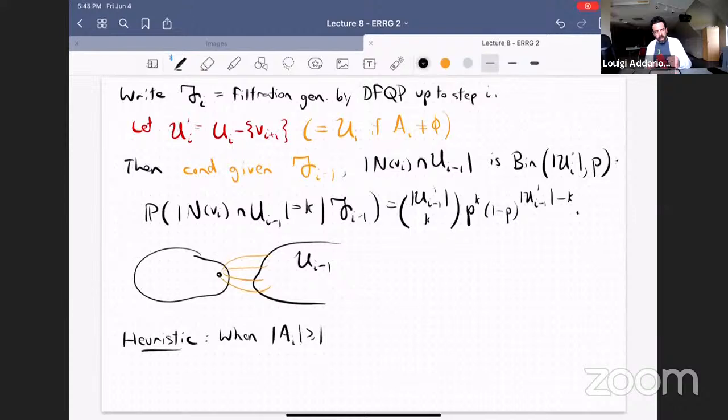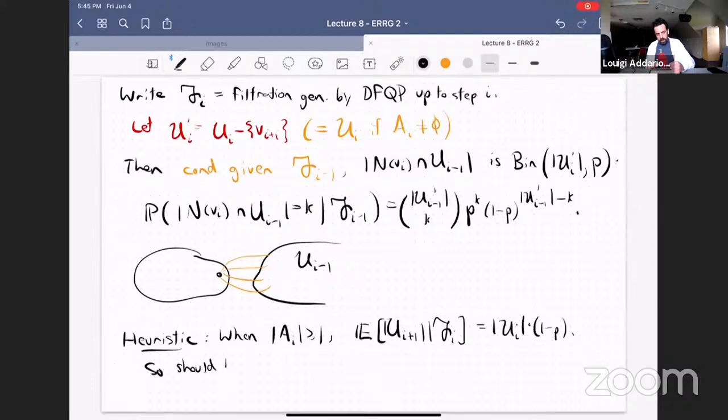When there's at least one active vertex, the expected size of U_{i+1} given F_i is like U_i times 1 minus p. And so we should have that U_t is roughly n times 1 minus p to the t, which is like n e to the minus pt.